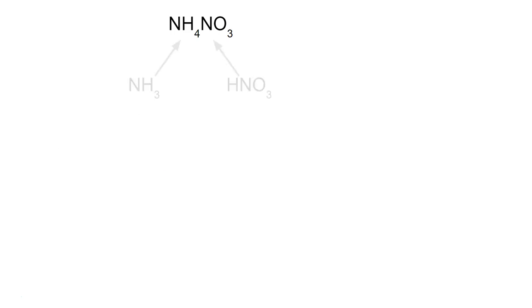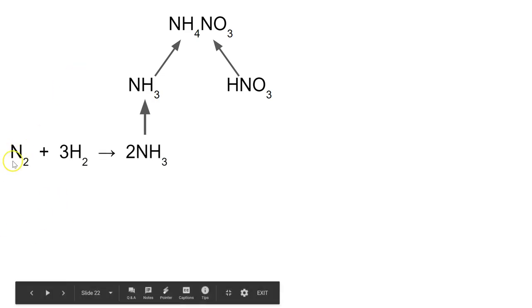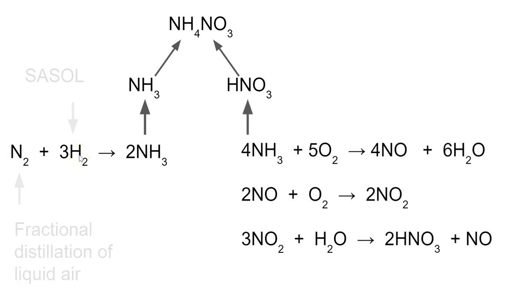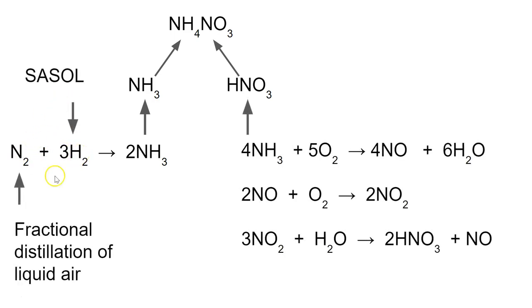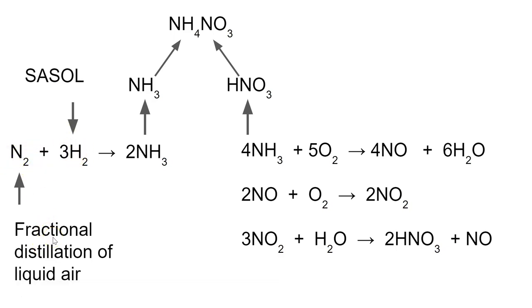I have ammonium nitrate. In order to get that, I need ammonia and I need nitric acid. To get ammonia, I use the Haber process. But in the Haber process, I need nitrogen as well as hydrogen. Where do I get the nitrogen and the hydrogen from? I get the hydrogen from Sasol, and I get the nitrogen from the fractional distillation of air. Remember we did that in a previous video.